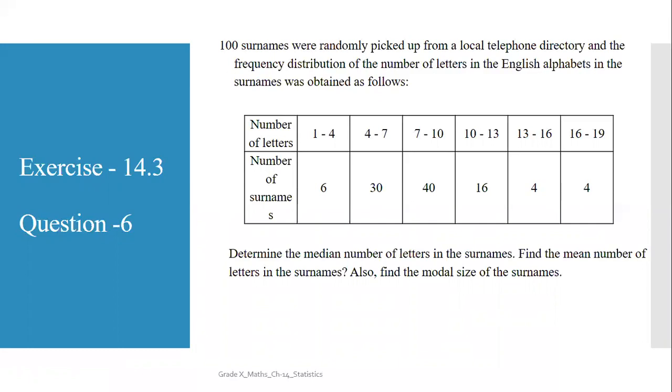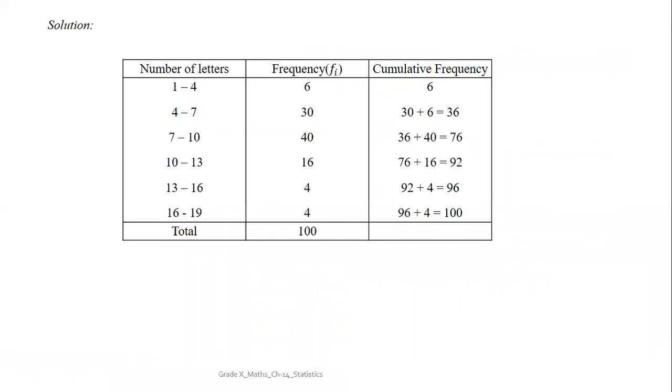So in this, three questions are combined in one: median, mean, and mode. They haven't mentioned any particular method for mean, so we can use any of the three methods. Now, let us move on to the solution. So first, let us find the mean. So we have the class intervals, the frequencies, and then we form the cumulative frequency over here.